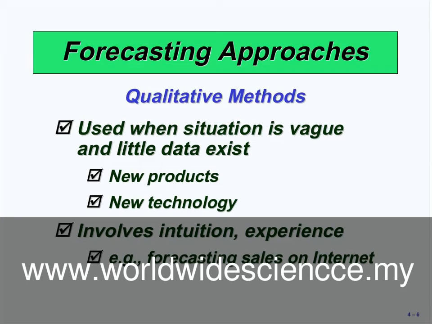Quantitative method. The quantitative method is used when the situation is stable and historical data exists. When everything is stable in the market, and the historical data exists in the hands of the operation manager, they can use quantitative methods: existing products, the current technology, and mathematical techniques.